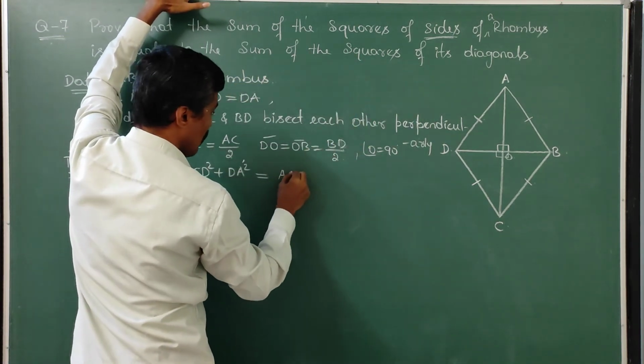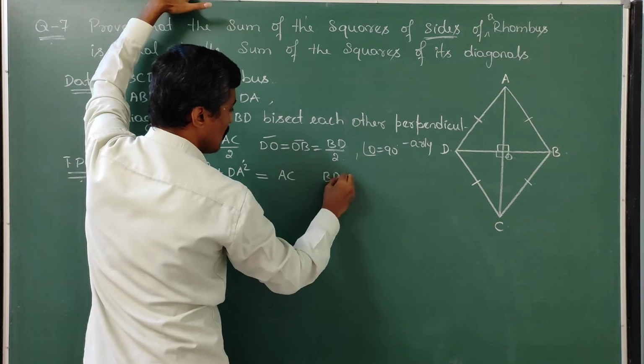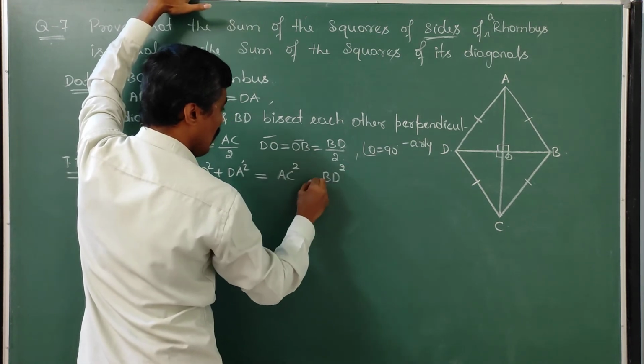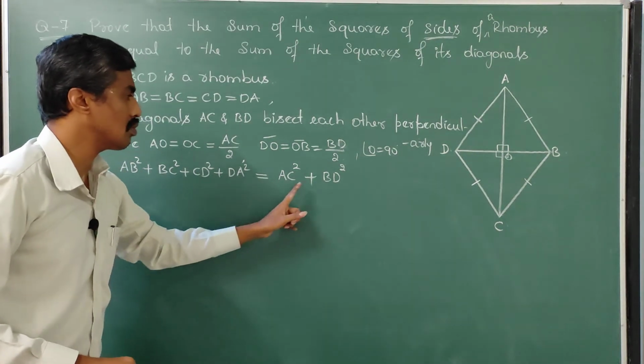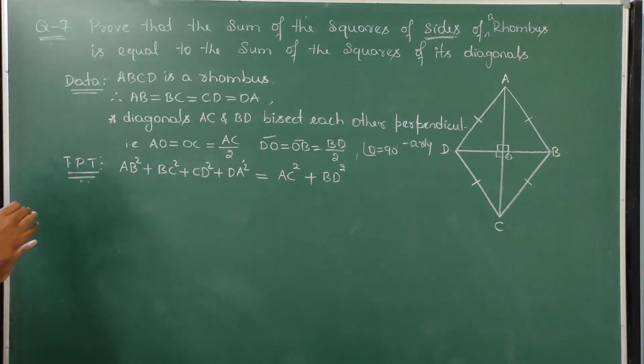The diagonals are AC and BD, so AC square plus BD square. That we have to prove here.